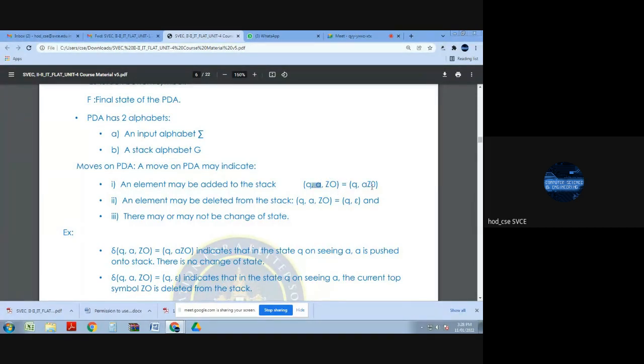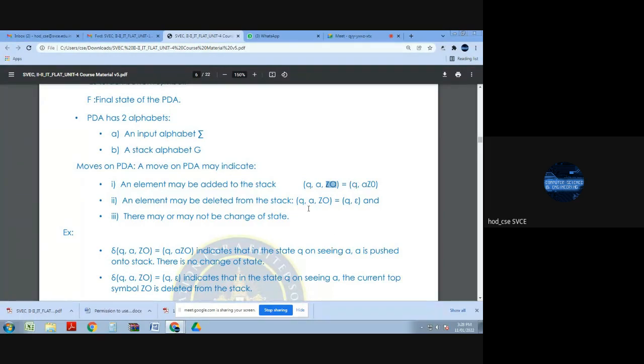A will be inserted on the top of the Z0. So now the next state will be Q, and the symbols in the stack are A Z0, because A is pushed down to the stack. Z0 is already presented. So above the Z0, A is pushed.